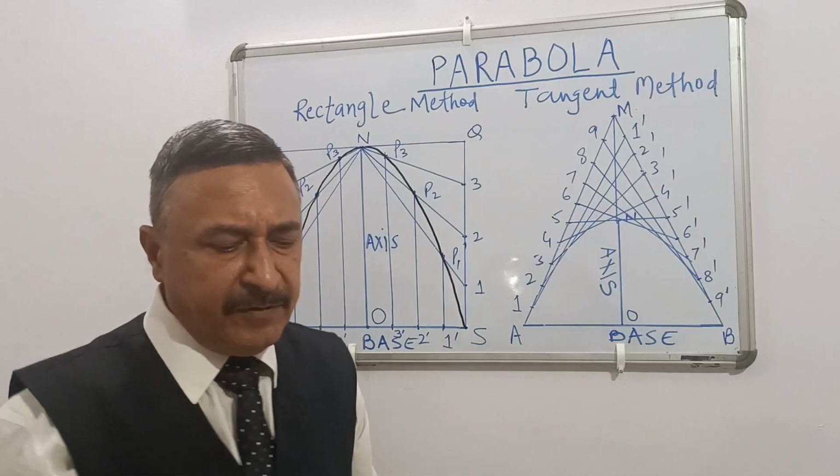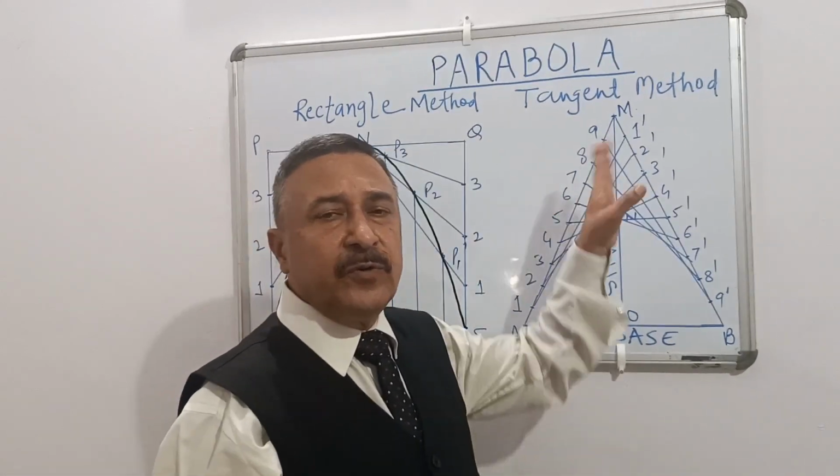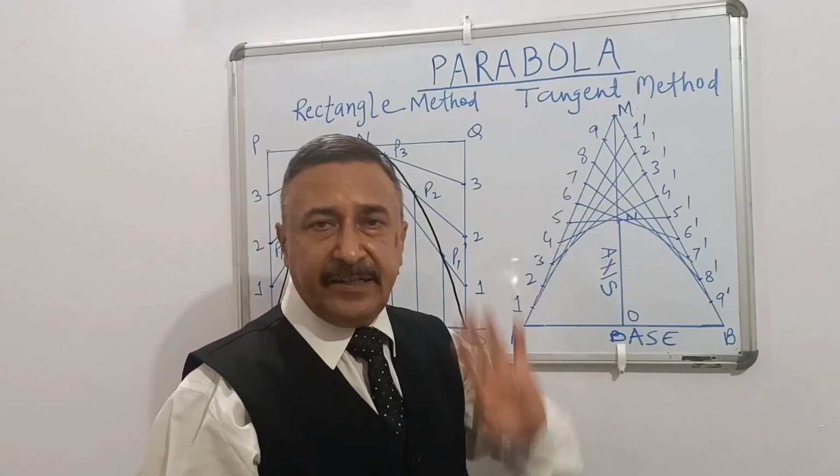So we just have to join 1 to 1 dash, 2 to 2 dash, 3 to 3 dash, 4 to 4 dash, like this.